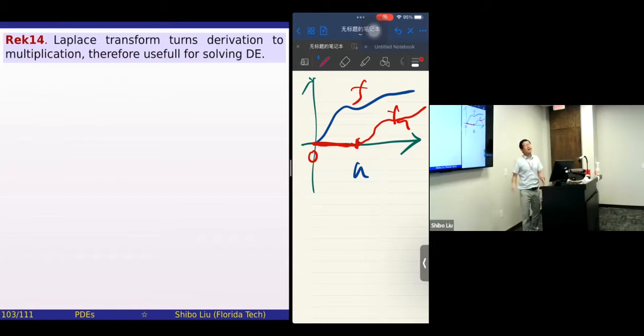And for a PDE involving several variables, you apply the Laplace transform to one of the variables. That variable disappears. If you have two variables, you kill one variable by Laplace transform, because the derivative with respect to that variable becomes multiplication.